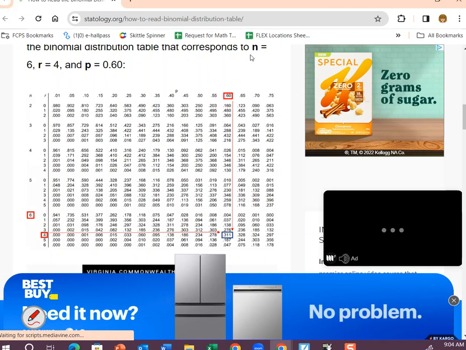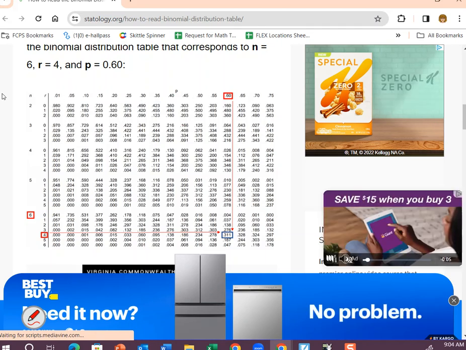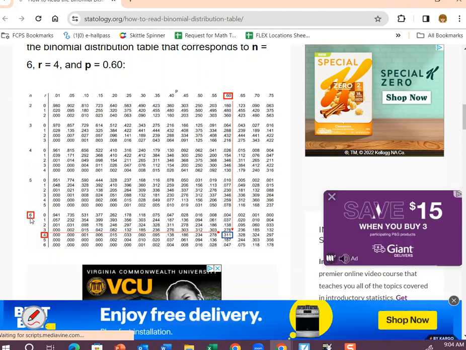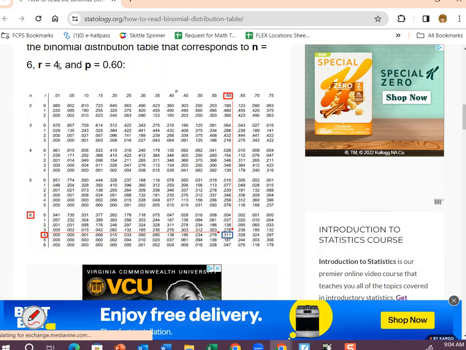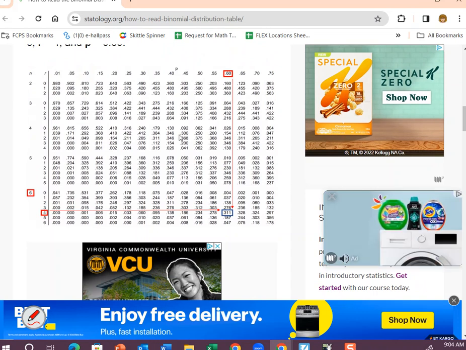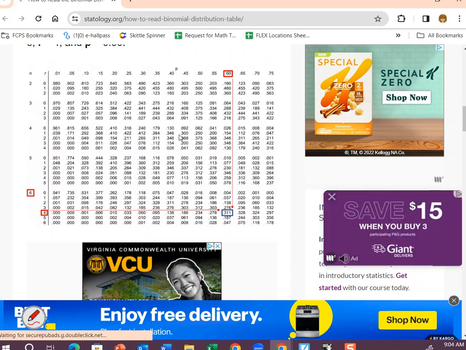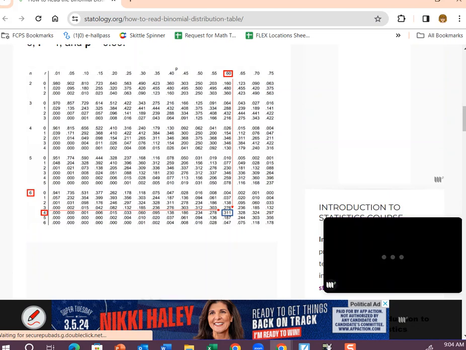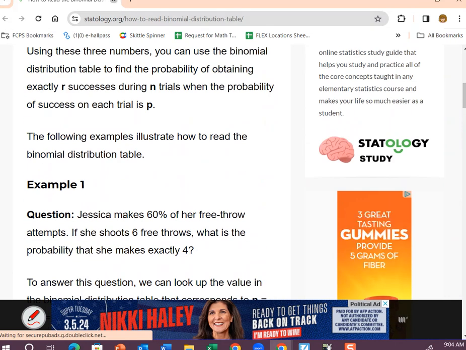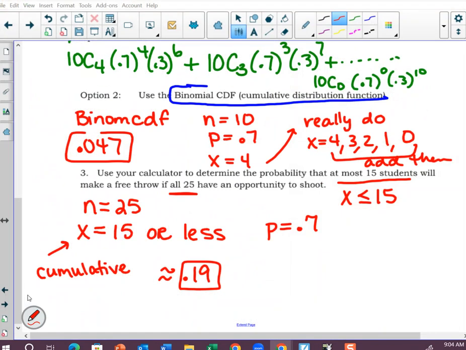The probability of success, and then the number of trials, and then R is the number of successes. So you would have to look at a table like this where somebody had already done all the calculations and you could figure it out that way. I really wish I still had my stat notebook from college so I could look at some of that stuff.